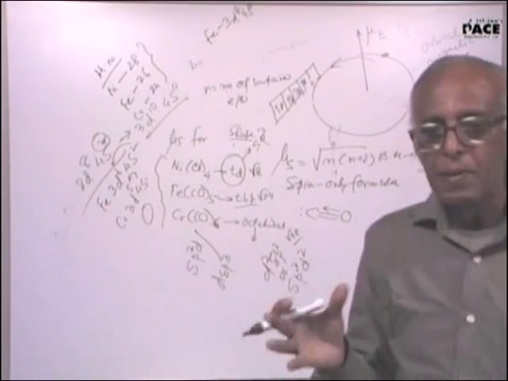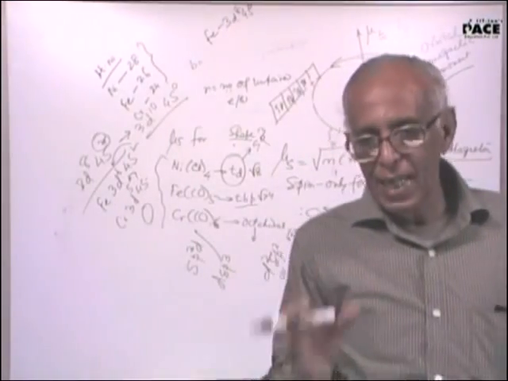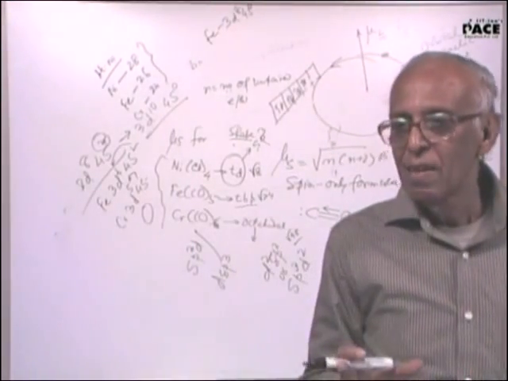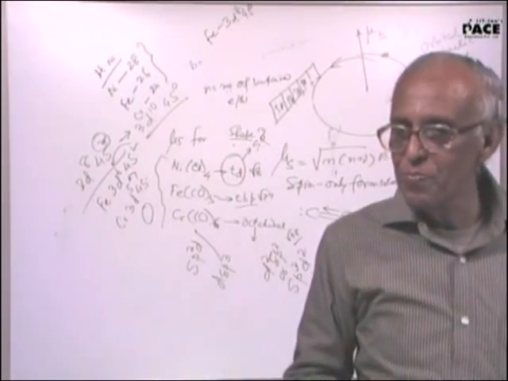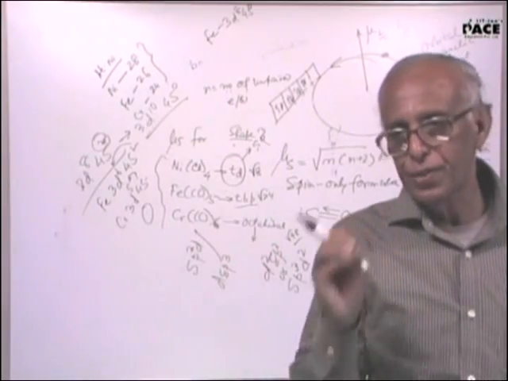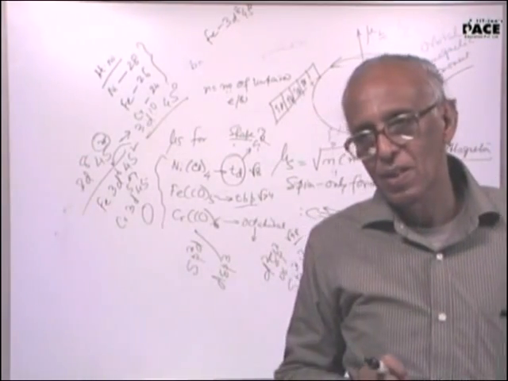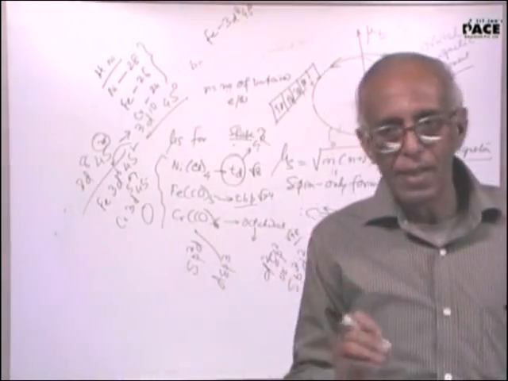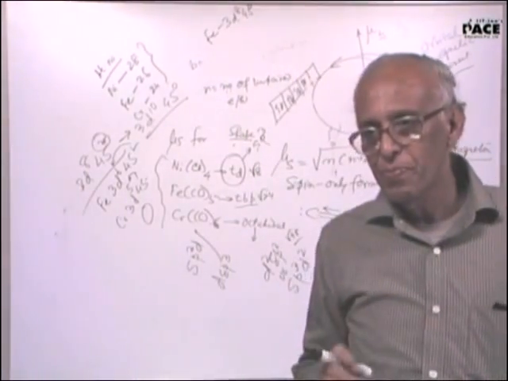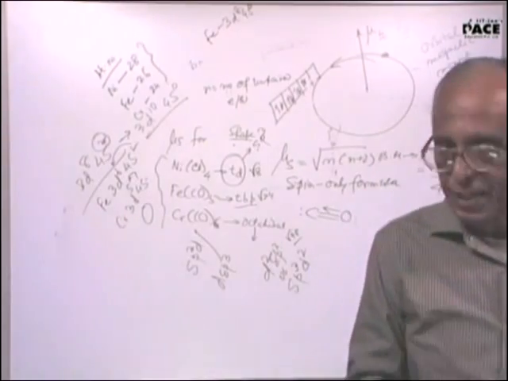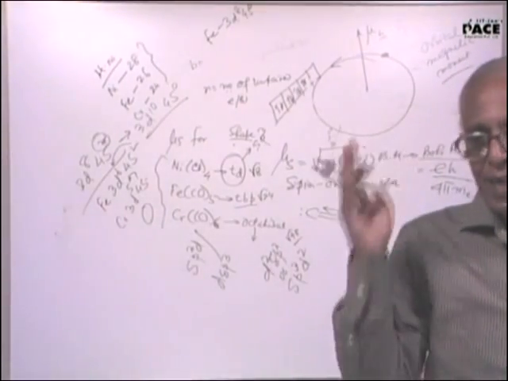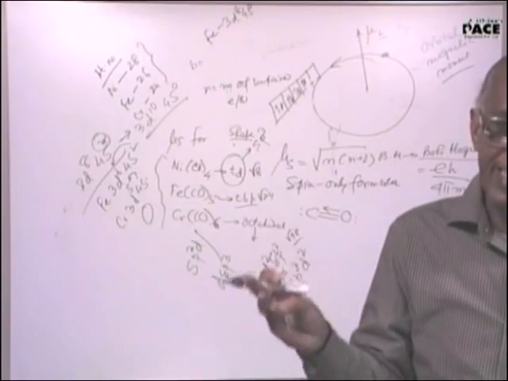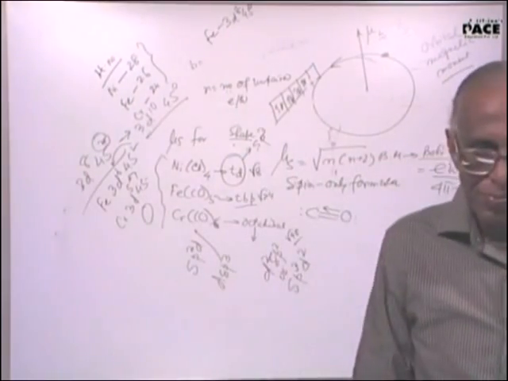It is experimentally found that nickel tetracarbonyl has magnetic moment 0 and is tetrahedral. If it has to be tetrahedral, the hybridization has to be sp3, and I need a vacant s orbital and vacant 3p orbitals.